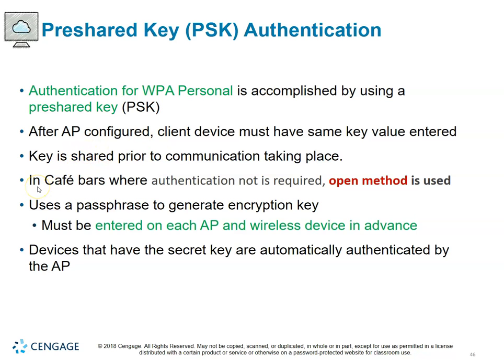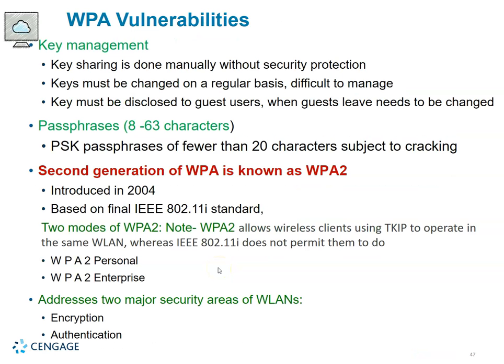If you're in a cafe or bar, where you don't have authentication, they use what's called the open method, where you use a passphrase to generate an encryption key. So that must be entered on each AP and wireless device in advance. And devices that have the secret key are automatically authenticated by the AP.